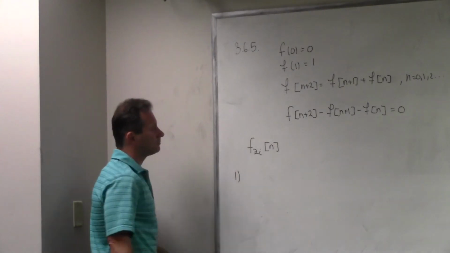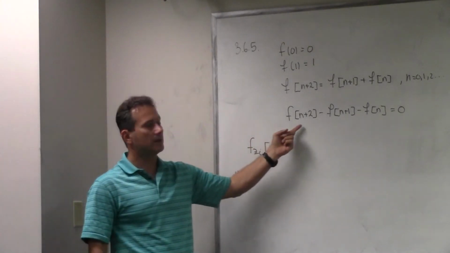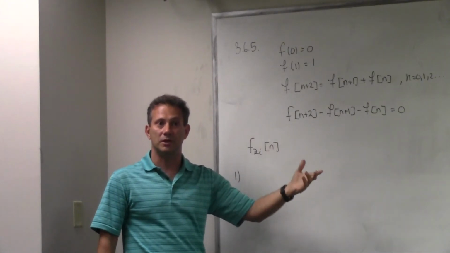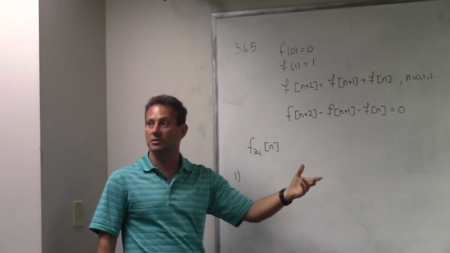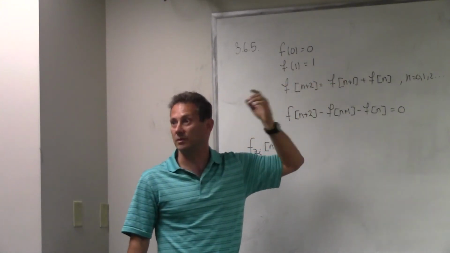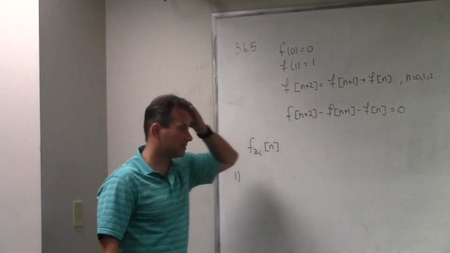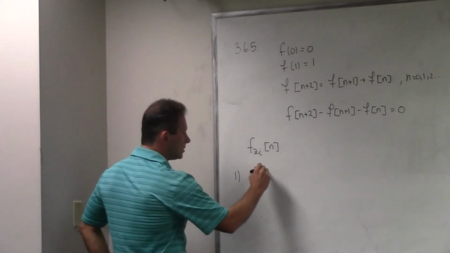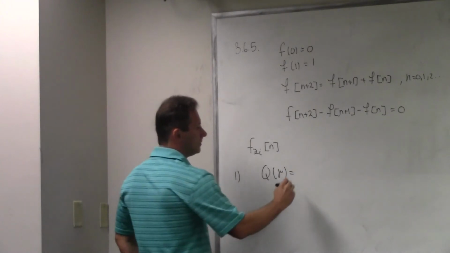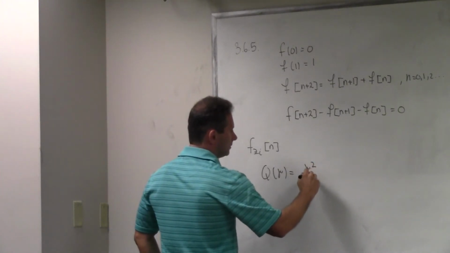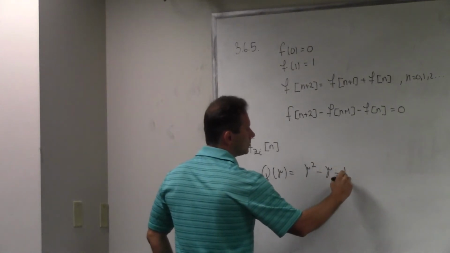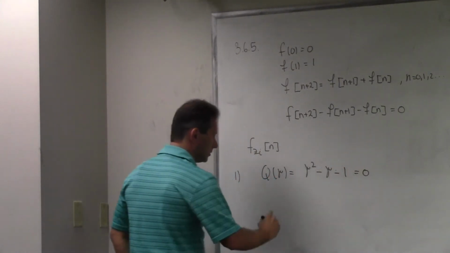Well, we have our process where we first find the characteristic equation, find the roots, find the general form of the zero input response, and then use these two initial conditions to find the coefficients. In our case, the characteristic equation, Q of gamma, is gamma squared minus gamma minus 1, and that has to be equal to 0.